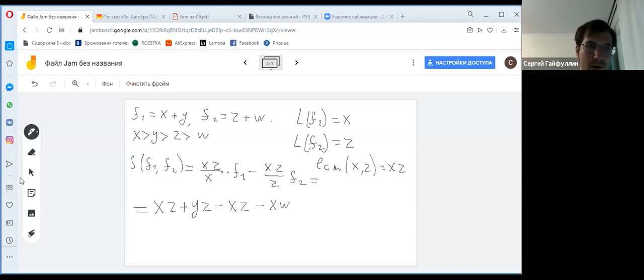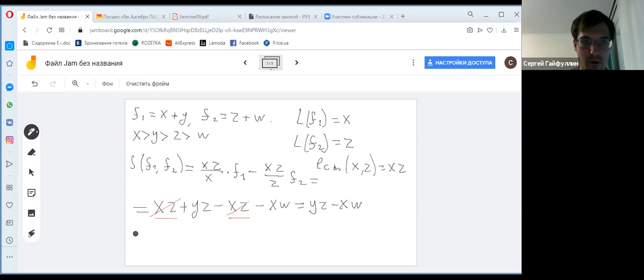And of course these leading terms cancel, so there are no these leading terms. And now we have yz minus xw. Okay, this is the S polynomial, and now we need to reduce it.